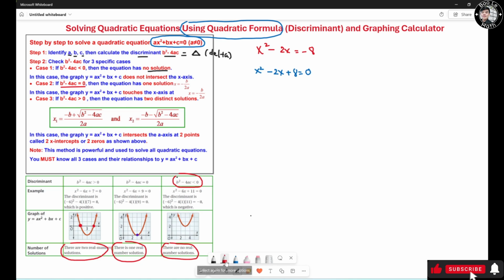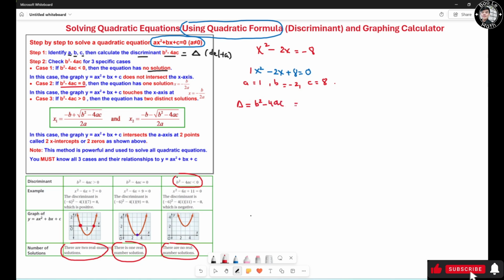And then I'm going to identify A, B, and C, right? If you see nothing right here, it means A equals 1. B equals negative 2. And C equals 8, right? So then I need to calculate the discriminant delta equals b squared minus 4ac.